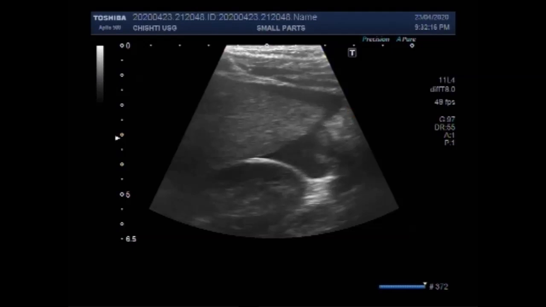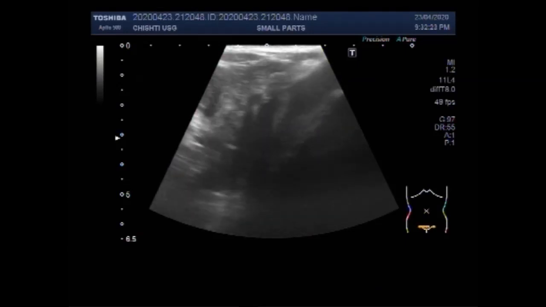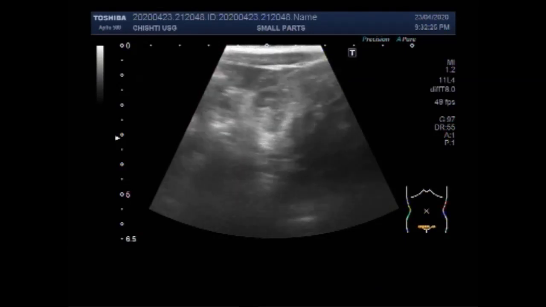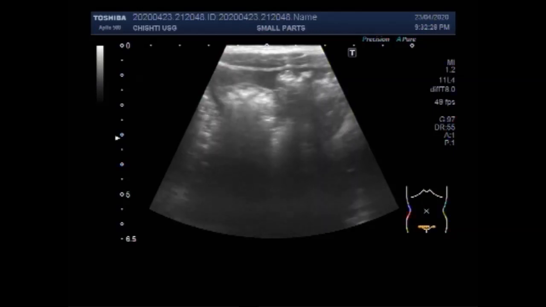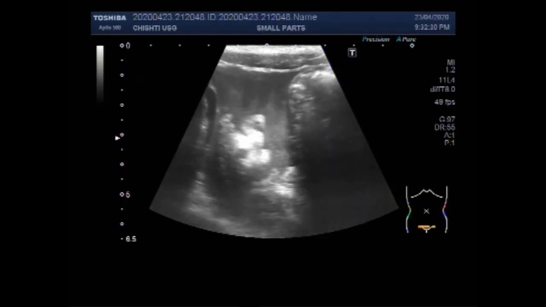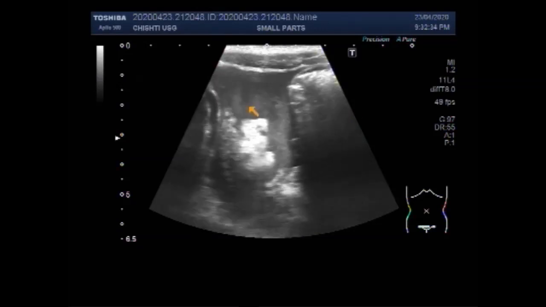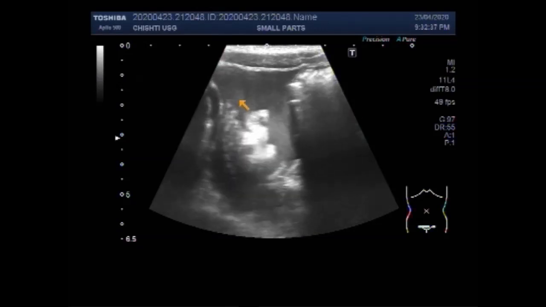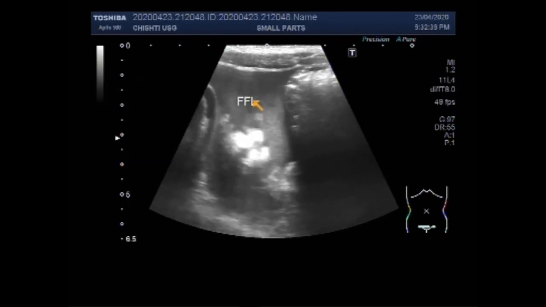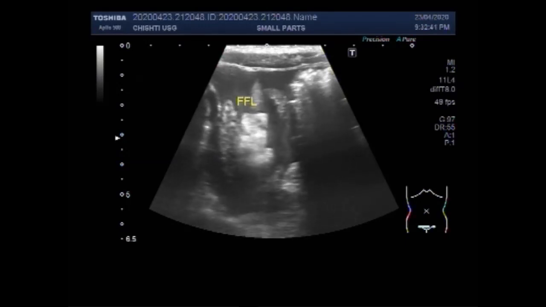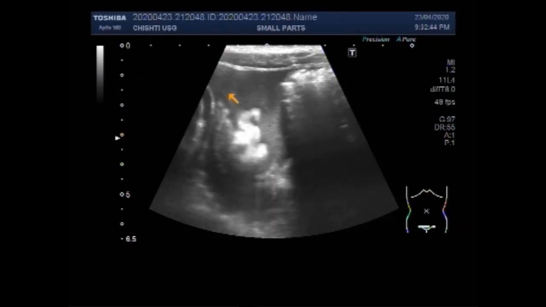POC ultrasonography can rapidly identify life-threatening injuries that require immediate intervention and has greater sensitivity and specificity for detecting pneumothorax when compared to supine chest radiography. Again, you can see thick and turbid fluid. The blood in the lower abdominal cavity, hemoperitoneum.